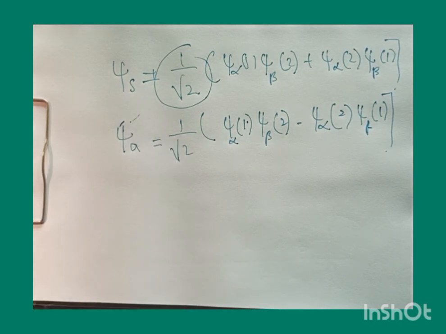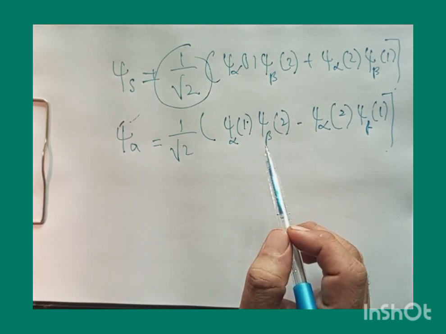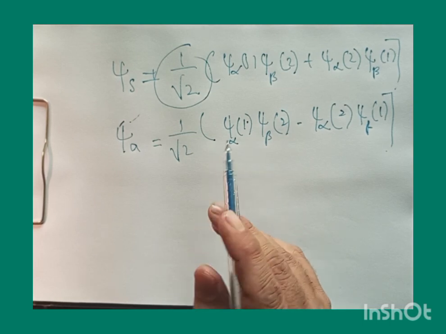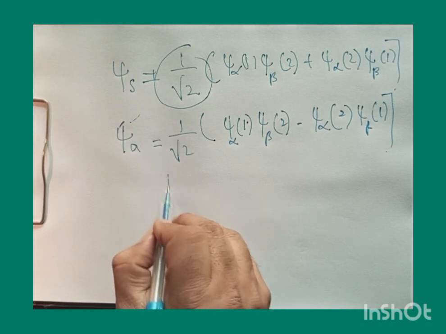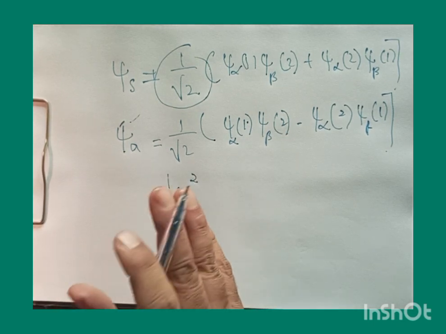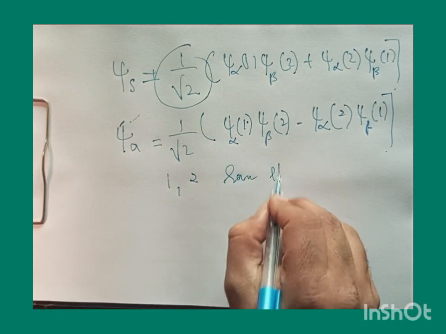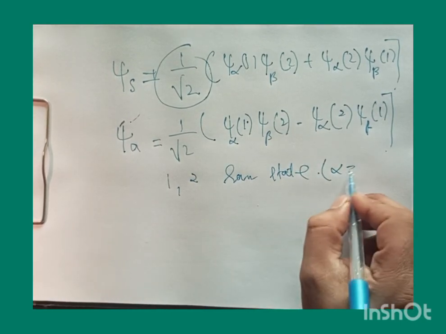Now, there are a range of important distinctions between the behavior of particles in systems whose wave functions are symmetric, and that of particles in systems whose wave functions are antisymmetric. The most important thing is that in the symmetric case, both particles, particle 1 and particle 2, can simultaneously exist in the same state, with alpha equal to beta.